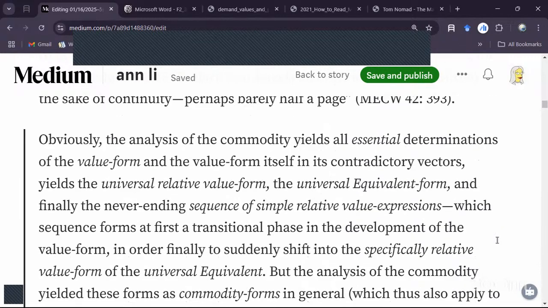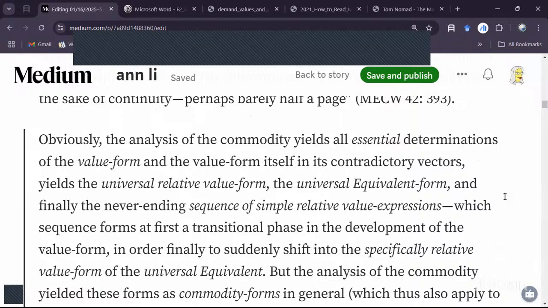So here, back to Marx. "Obviously, the analysis of the commodity yields all essential determinations of the value form, and the value form itself in its contradictory vectors yields the universal relative value form, the universal equivalent form, and finally, the never-ending sequence of simple relative value expressions, which sequence forms at first a transitional phase in the development of the value form in order to finally suddenly shift into the specifically relative value form of the universal equivalent.